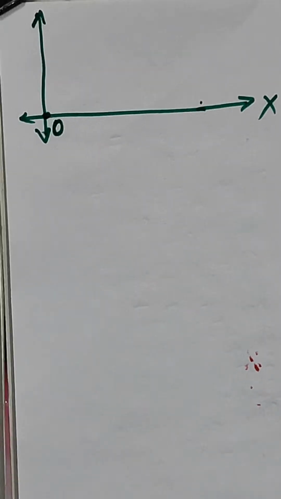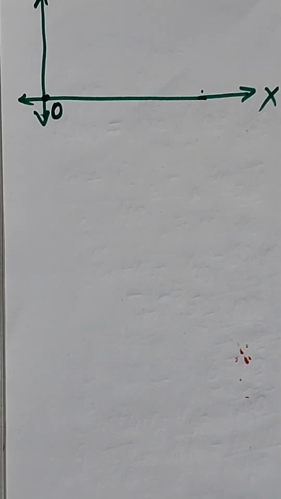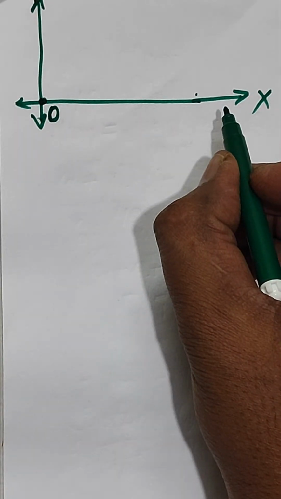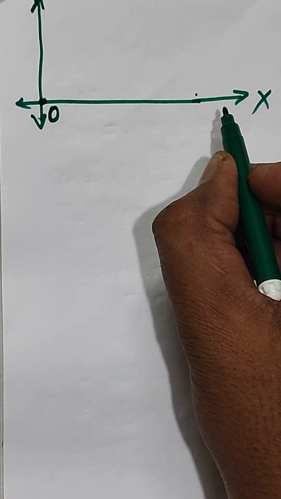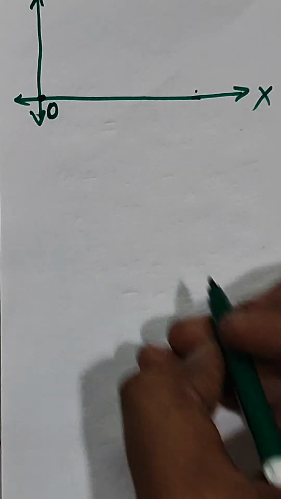So let me read out the question first. In the question it's given that an infinite number of charges, each equal to q, are placed along the x-axis. That means n number of or infinite number of charges are placed along the x-axis at certain locations. What are those locations?